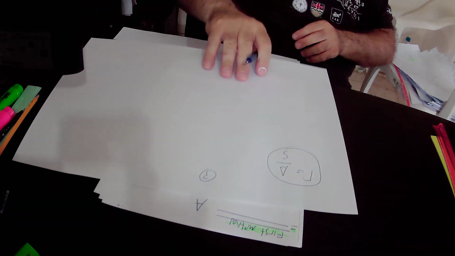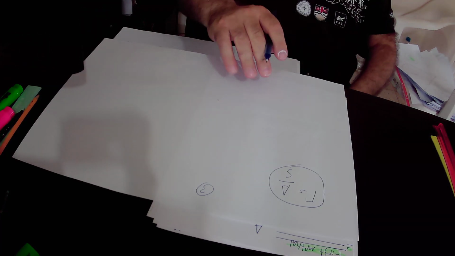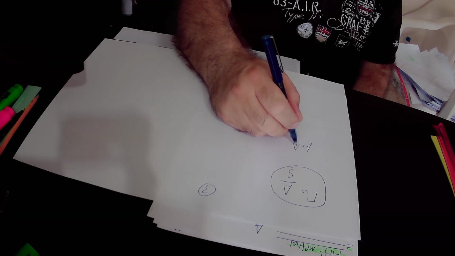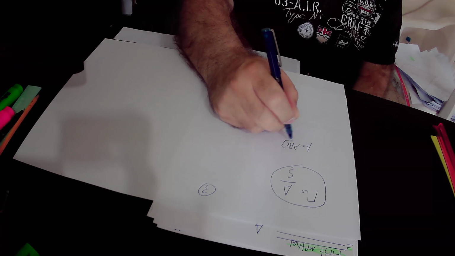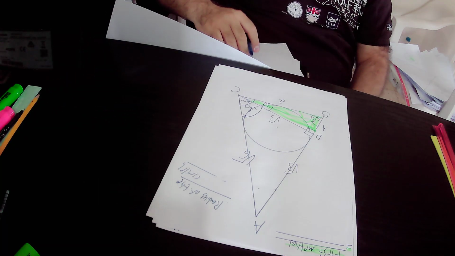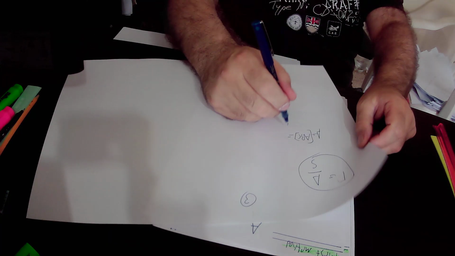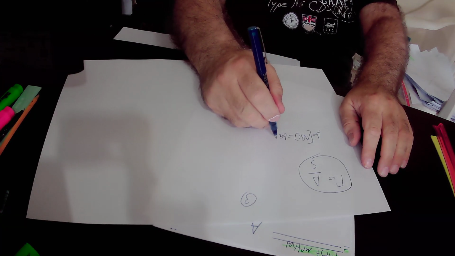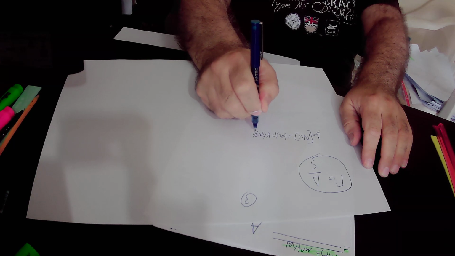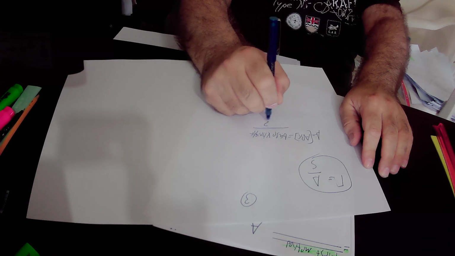This is the new formula. So the area of triangle ABC is equal to the base of the triangle times the height to the base over 2.